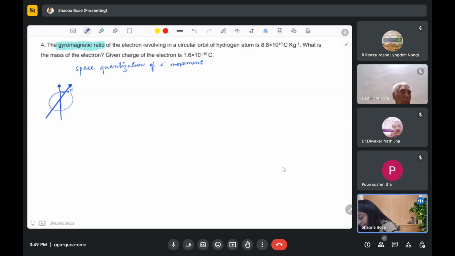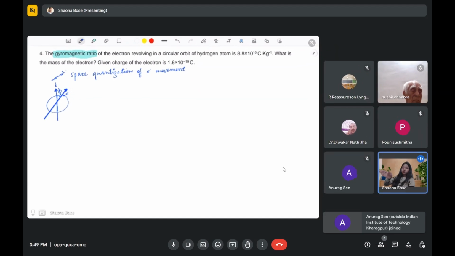Suppose it changes, and this is the angle phi. This one is just the normal, and this is movement of the electron in some other direction.